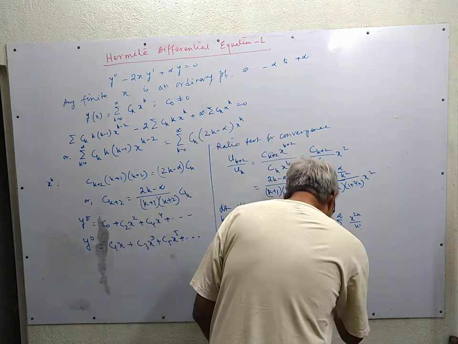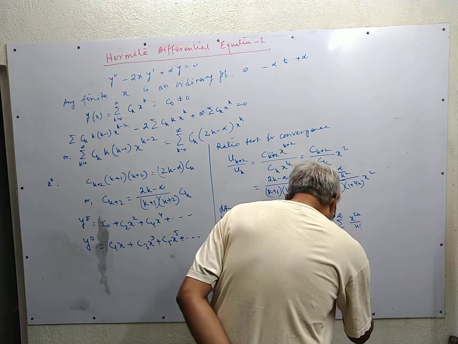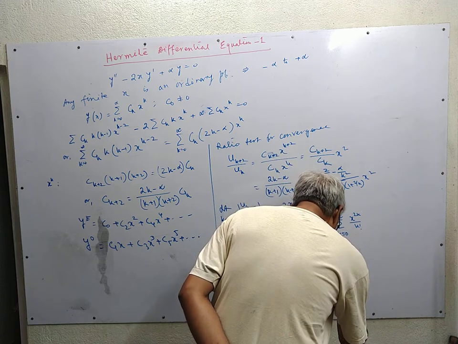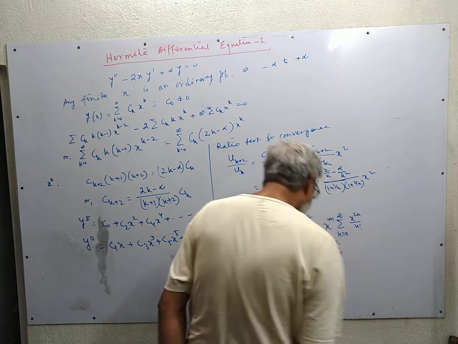So this is equal to x square by k plus 1.